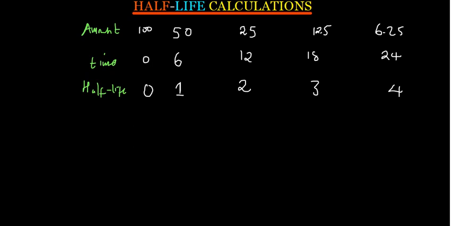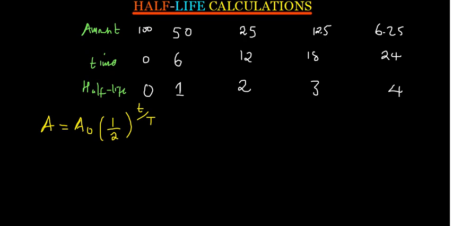Okay, so we can calculate the half-life from the equation. Amount is equal to initial amount multiplied by 1 over 2, raised to the power T over t. Now what does the capital T represent and what does the small t represent?